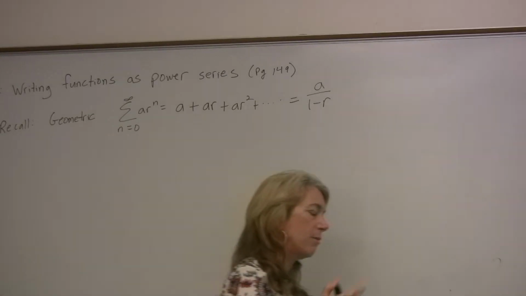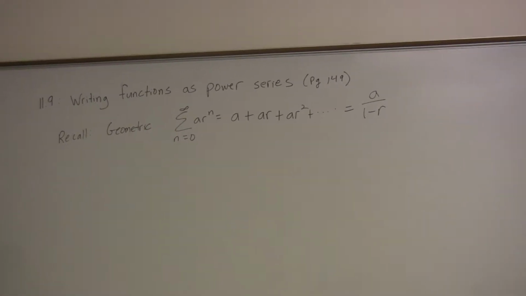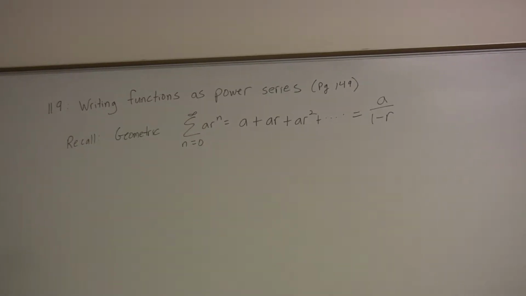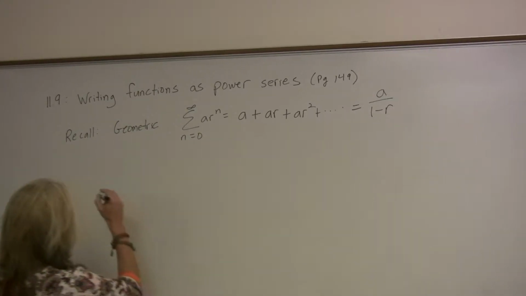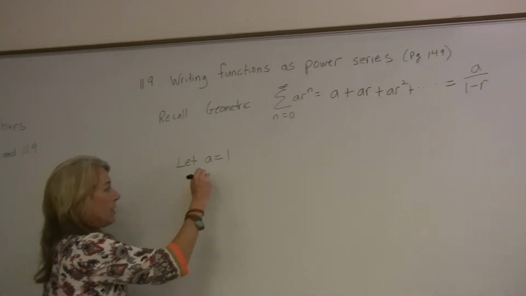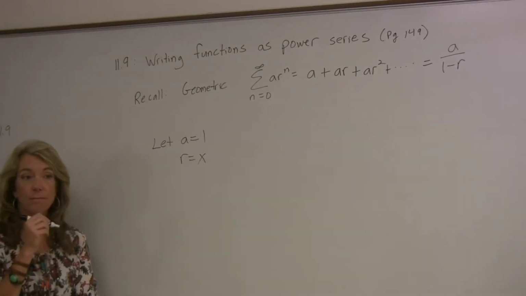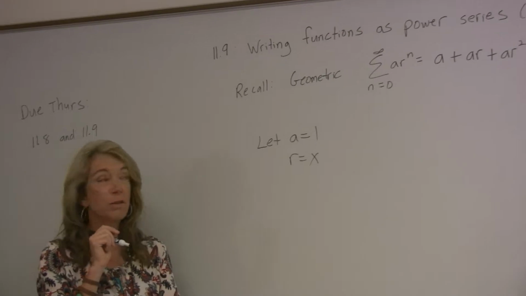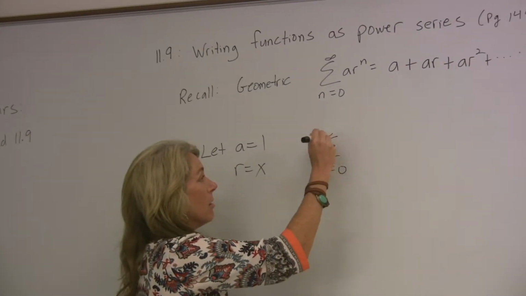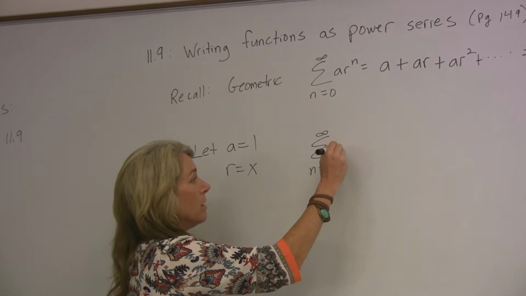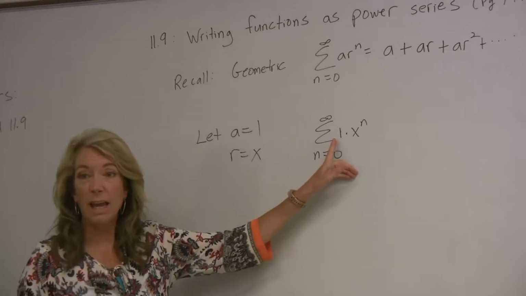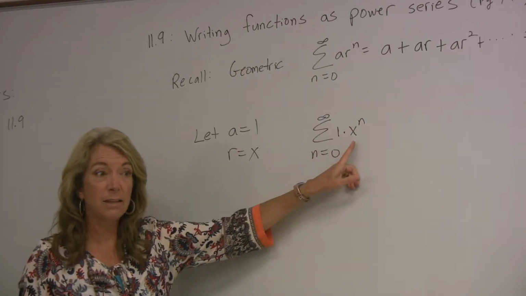So we're going to use that for power series now, with x's in there. I want to let a equal 1. So the first term is going to be 1, and r is going to be x. A is 1, and the common ratio is going to be x. What will that look like? That will be 1 times x to the n. I put a 1 in for a and an x in for my r.